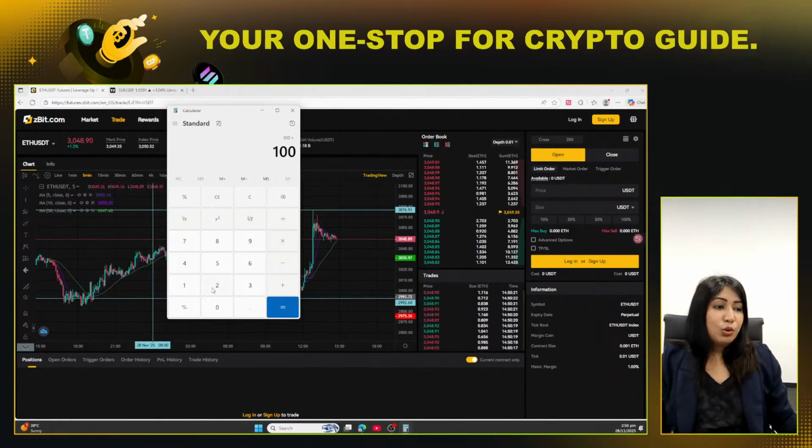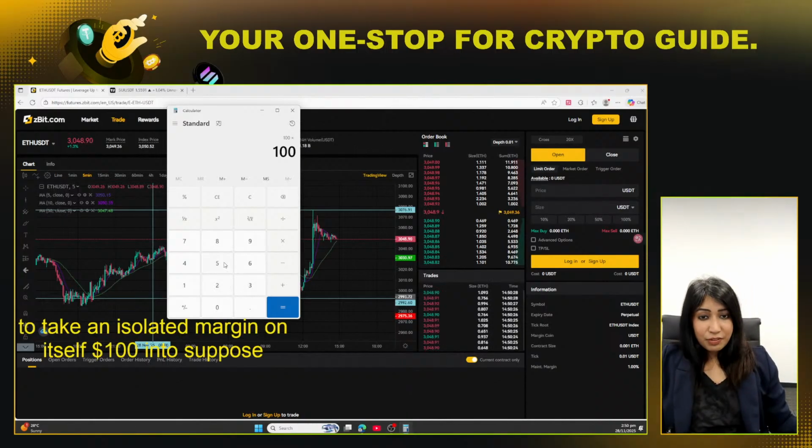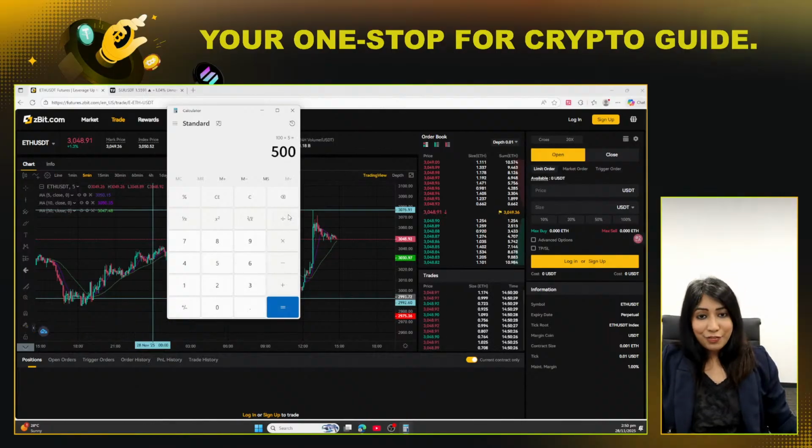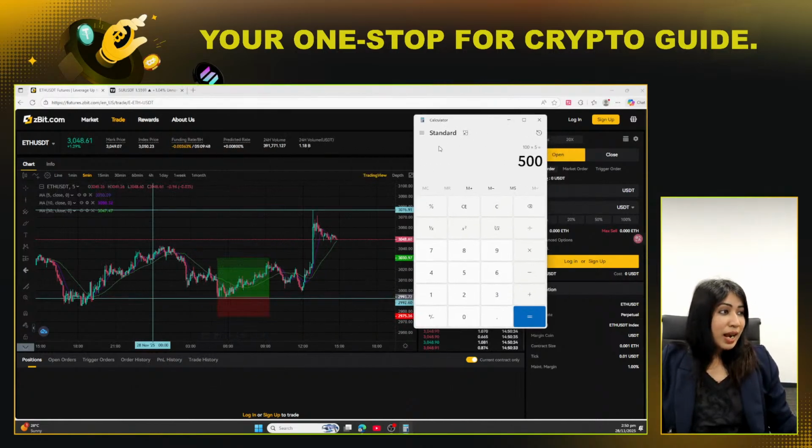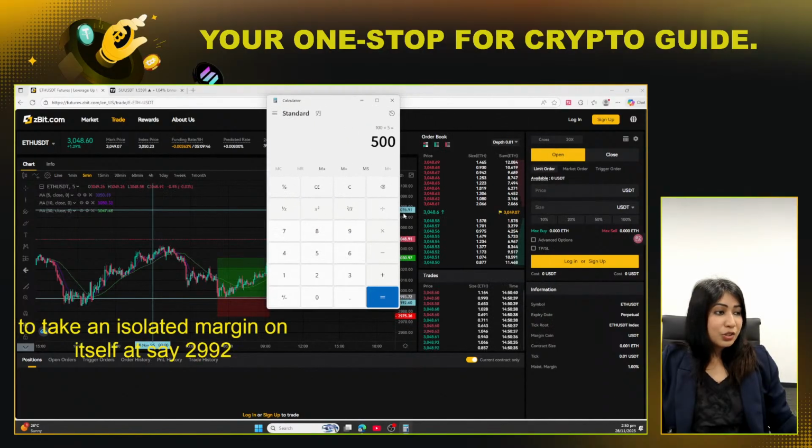$100 into, suppose you're taking a 5x leverage, which is basically a $500 position you're trying to take. Now you placed your order at, say, 2992.